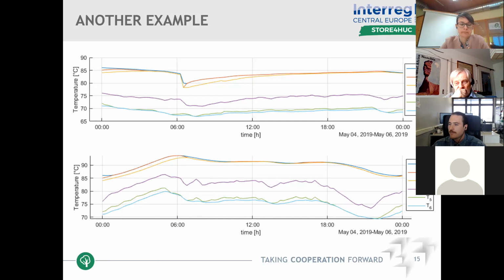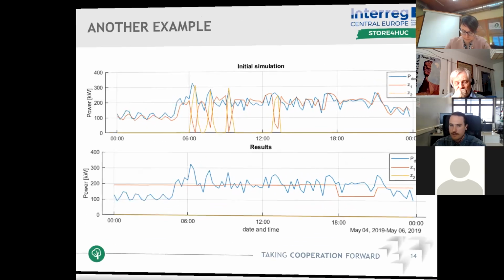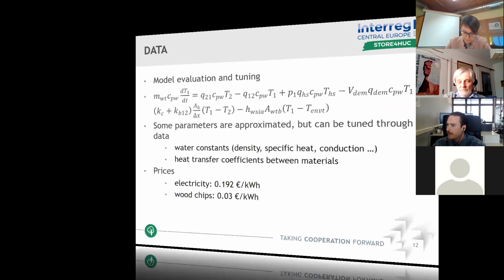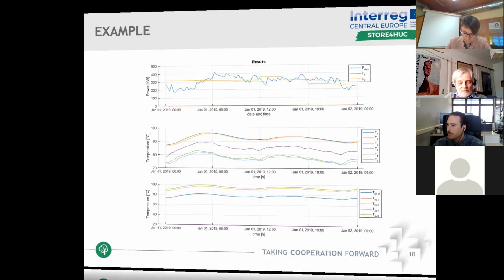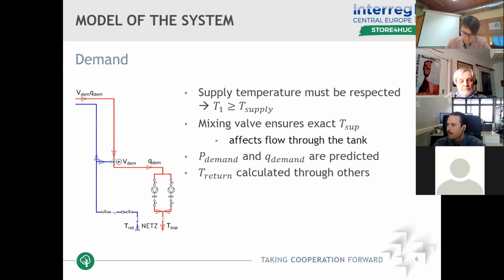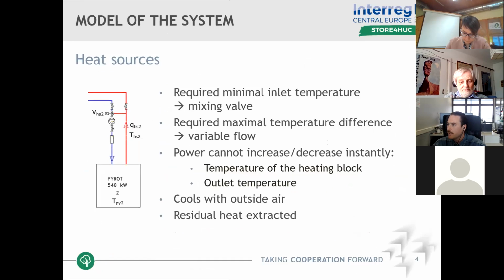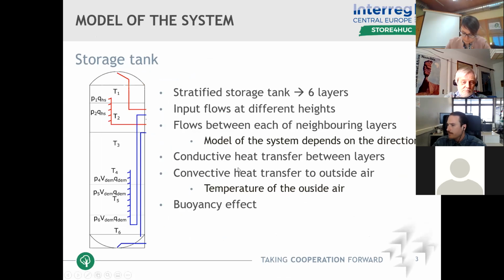One question from my side, Philip. Do you also consider the losses of the storage for the optimization, or only the efficiency of the boiler? Also the losses of the storage. Yes, convective heat transfer to the outside air.